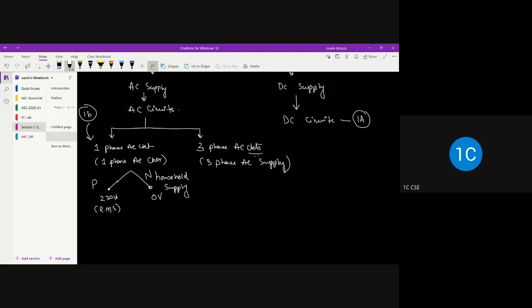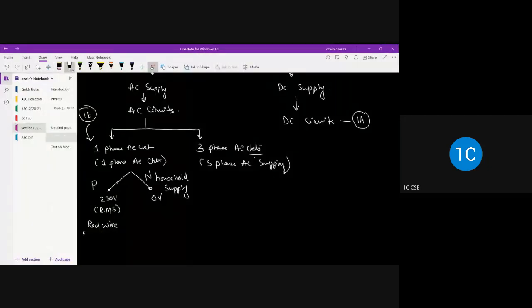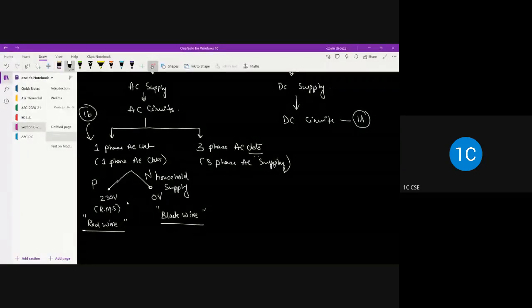Even then, one terminal we call phase and the other neutral. Phase terminals can be identified with a red wire. On the other hand, neutral terminal is identified with a black wire. This is called the wiring code. We are supposed to follow this wiring code, but sometimes electricians change the color.